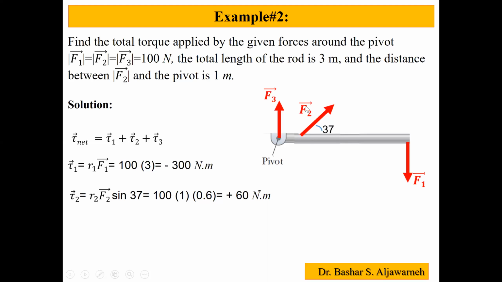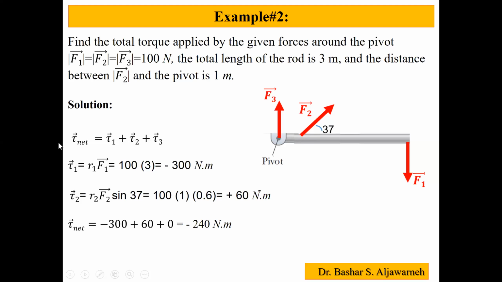So the force perpendicular to this will be F2 along y or F2 sine 37. So you will have R2 F2 sine 37, and the direction of the torque from or due to F2 will be counterclockwise, so it's going to be positive. Now you have torque from F1, torque from F2, and torque from F3.